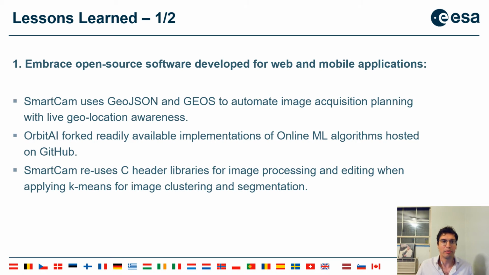For instance, the SmartCam uses GeoJSON and GEOS to be spatially aware. GeoJSON was primarily developed for JavaScript for mobile applications. Orbit AI didn't develop any of the online learning algorithms from scratch. We forked it from GitHub. And the SmartCam uses image processing C headers in order to do pixel-by-pixel data processing.